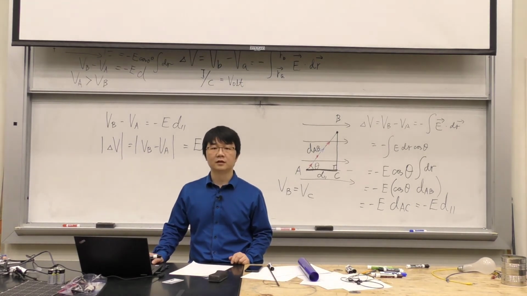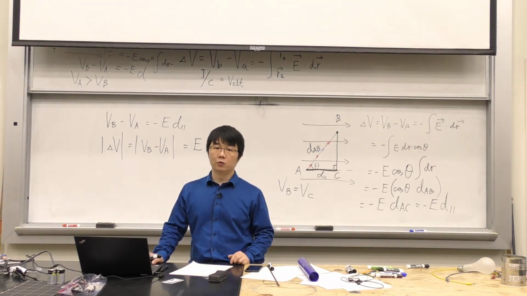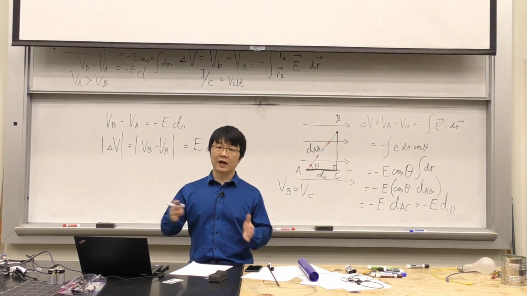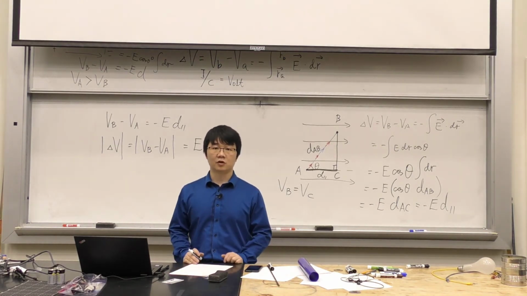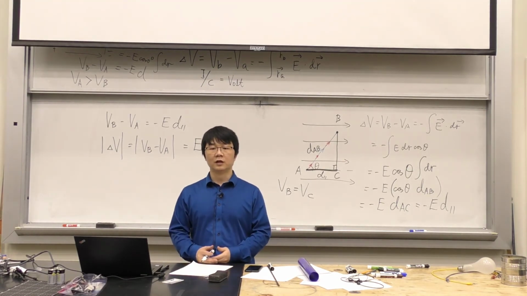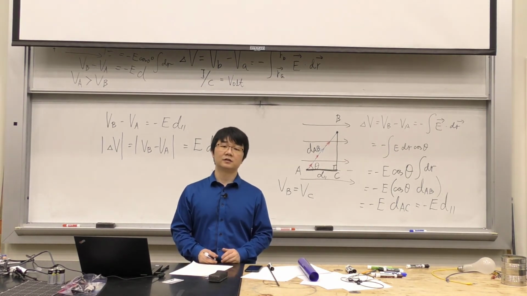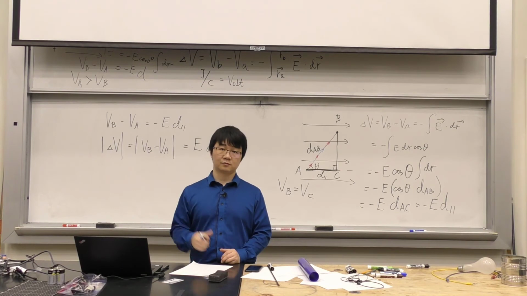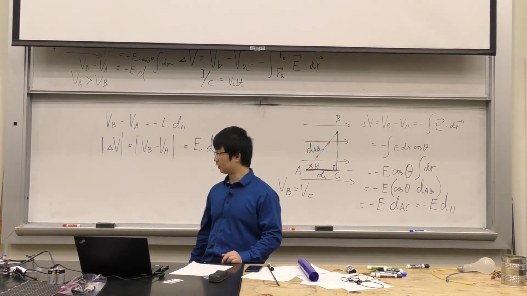Then I'm going to find the parallel distance between them, which is the distance between A and B in the direction of the electric field. If you call the direction of the electric field the X component, you just find the X component of this distance vector, the displacement vector.